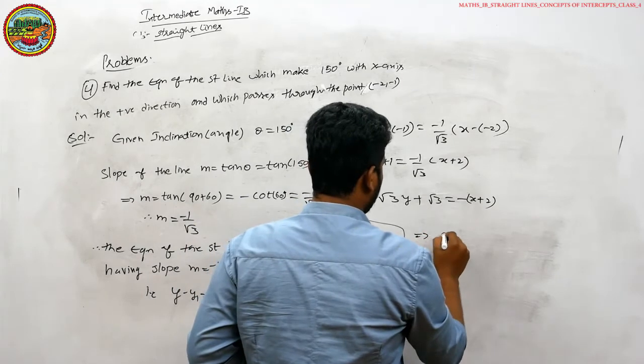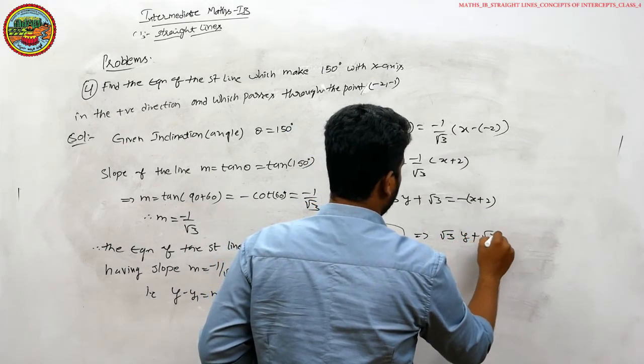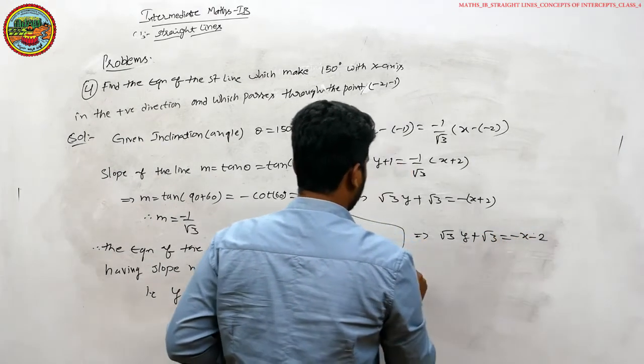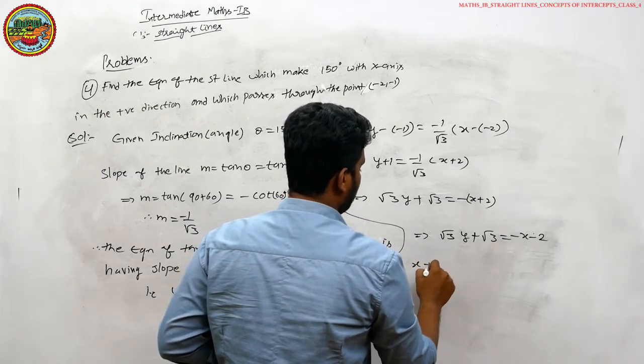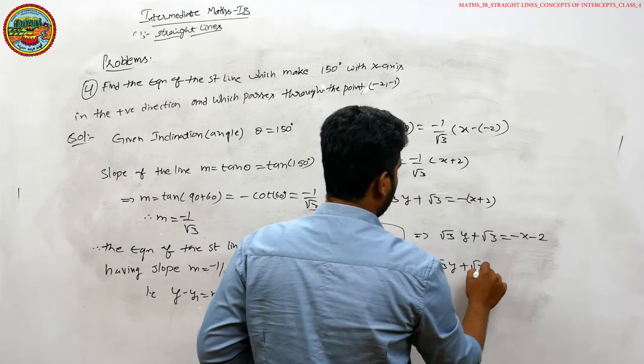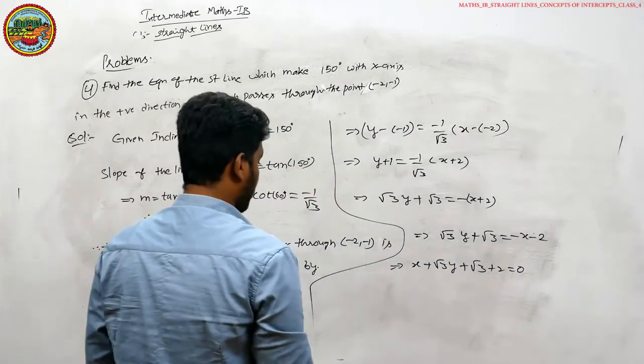So root 3 into y plus root 3 is equal to minus x minus 2, which implies x plus root 3 y plus root 3 plus 2 is equal to 0.